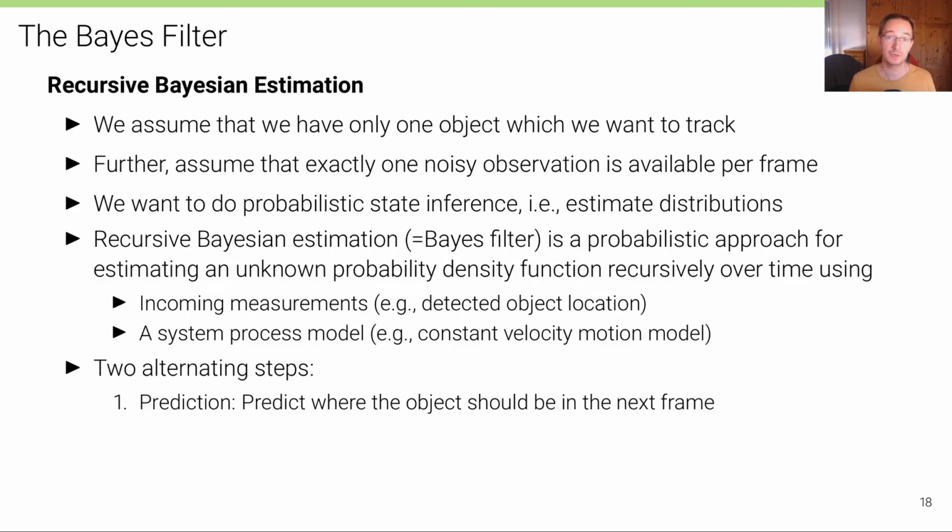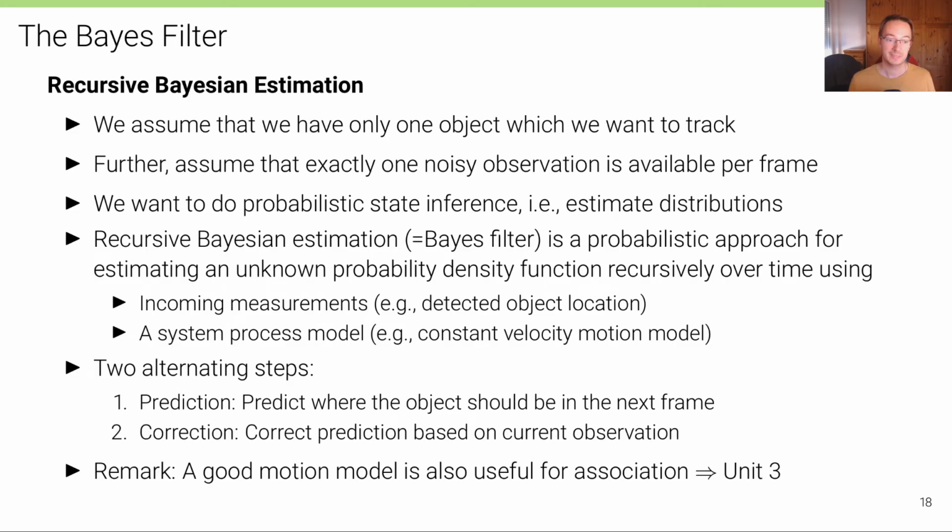And it involves two alternating steps. The first step is the prediction step, where we predict where the object should be in the next frame based on the previous state. For example, if the previous state includes the position and the velocity, based on this we can predict the position in the next state.